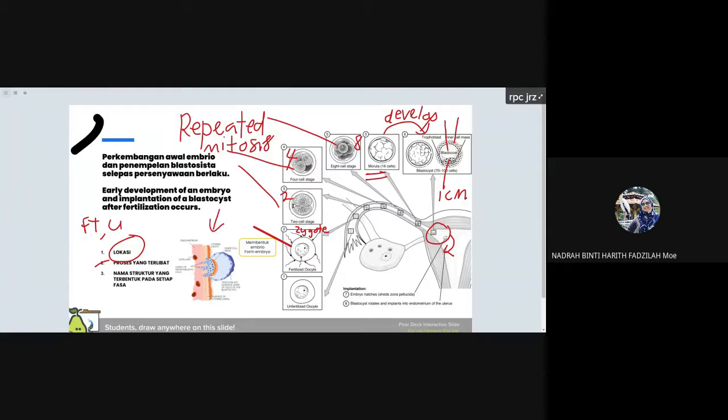So, we can see here, this part of trophoblast akan anchor itself to the endometrium, and then this part akan develop jadi fetus, where the other parts akan membentuk karung amnion tu lah.